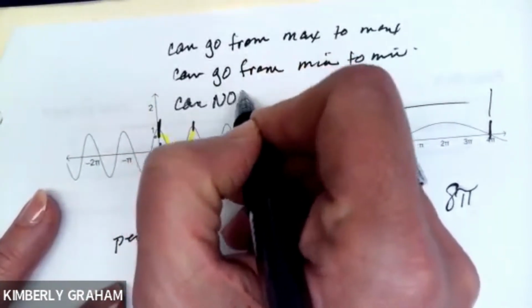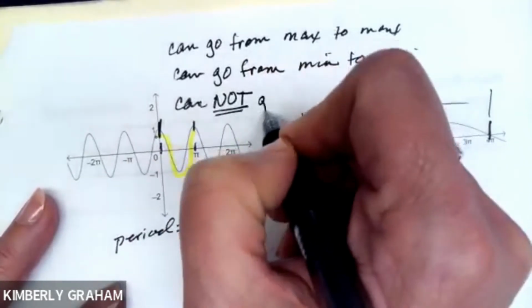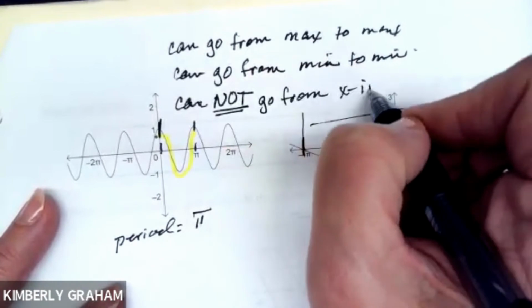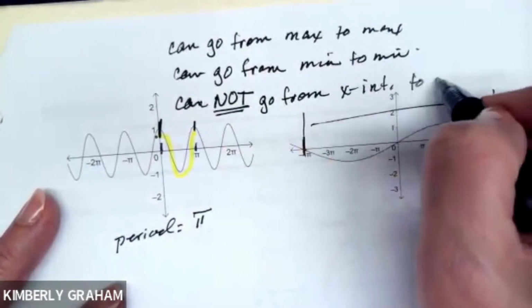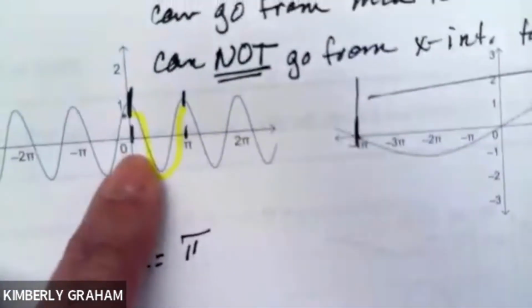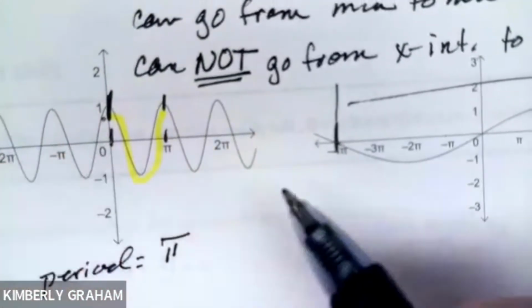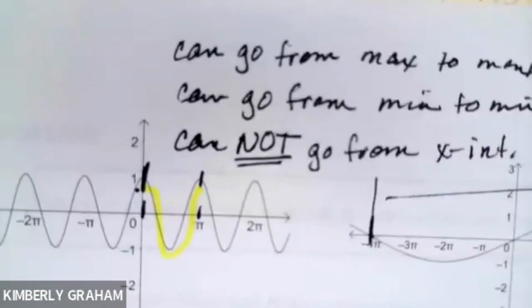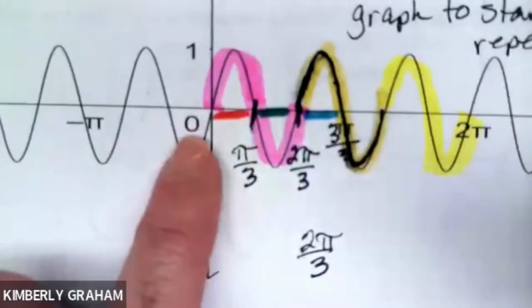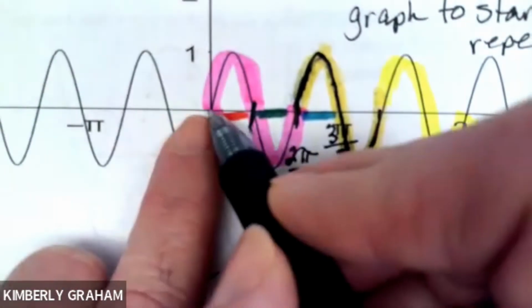You cannot go from x-intercept to x-intercept, right? So if I were to look at, excuse me, this problem over here that I just did in pink, right? Here's an x-intercept.